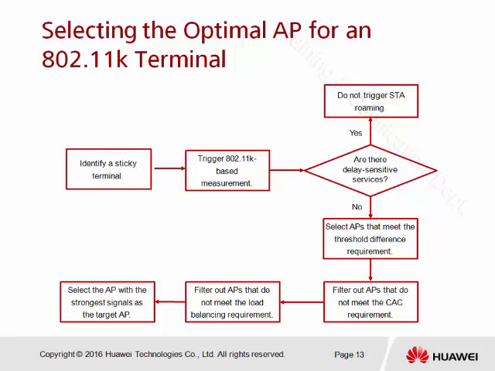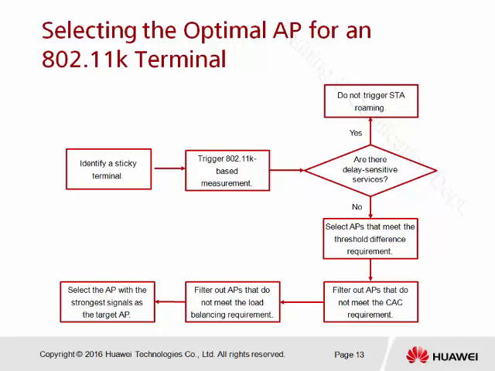So is there a delay sensitive service? Okay, this is very important. When you want to do what we call smart roaming here, when there is a delay sensitive service, then smart roaming cannot be deployed in this scenario. Because when you perform the roaming, in a scenario with delay sensitive service, you might cause some interruption.